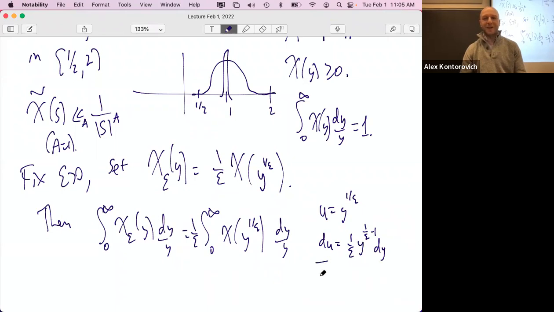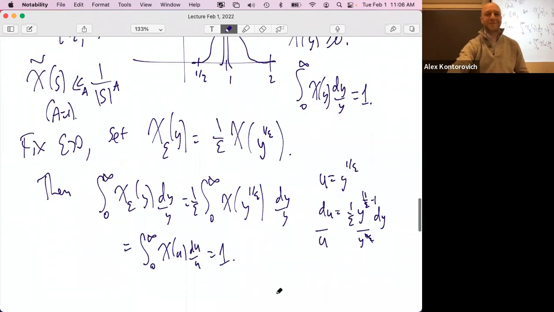If I divide both sides by u, I get dy over y with a factor of 1 over epsilon. In other words, dy over y is epsilon times du over u. So that factor goes away. It's still an integral from 0 to infinity of chi of u, du over u, which by assumption was 1.